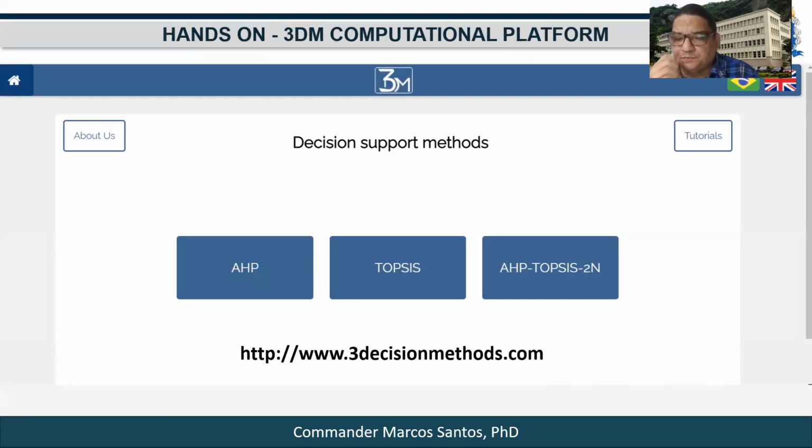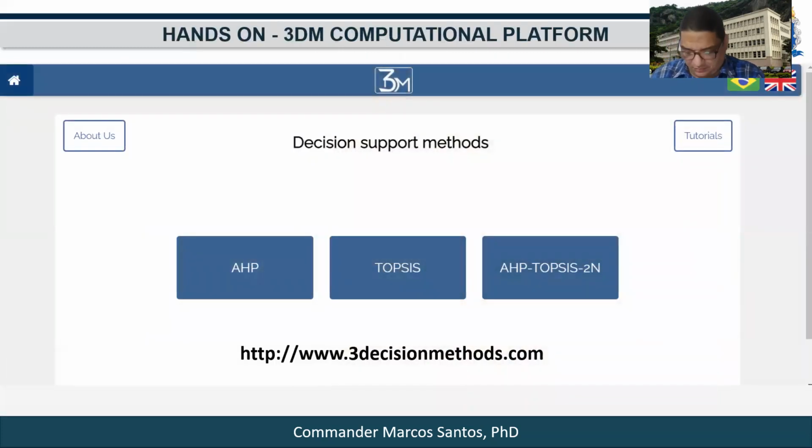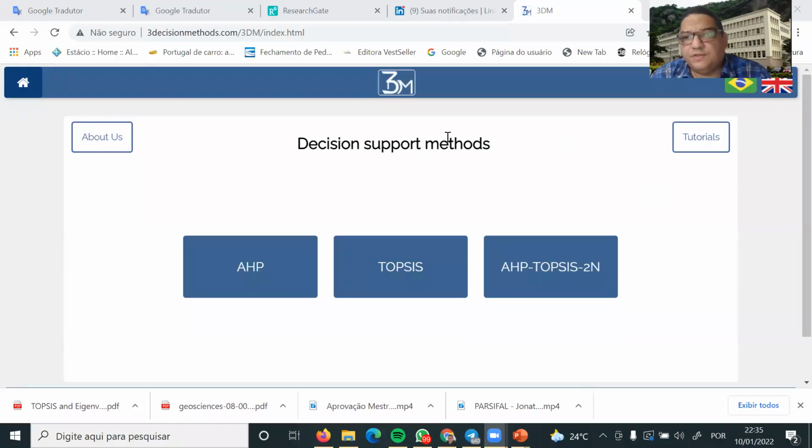Okay, got it? So let's see how it can work. 3 decision methods. Okay. Here you have 3 decision methods.